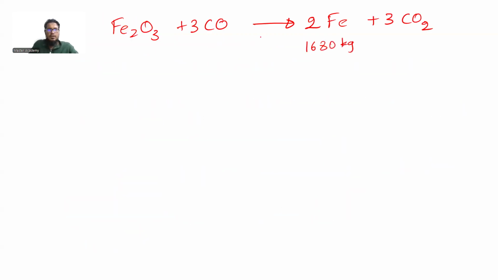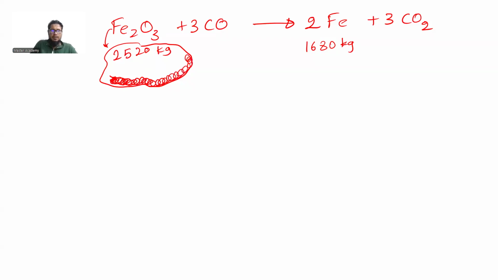The other one is 2520 kilograms, that is the whole, let's say, Fe2O3 plus some impurities. You all know what the impurities are, no? Silica and alumina. They have not reacted, no? So we can call them silica and alumina. All the others are pure Fe2O3, but we don't know the value. So first we have to find the number of moles of Fe produced.